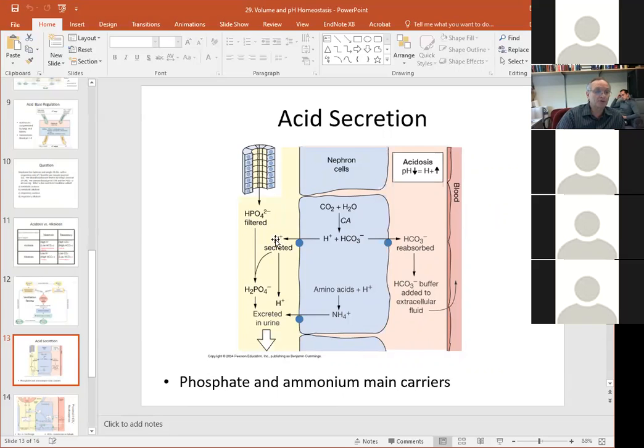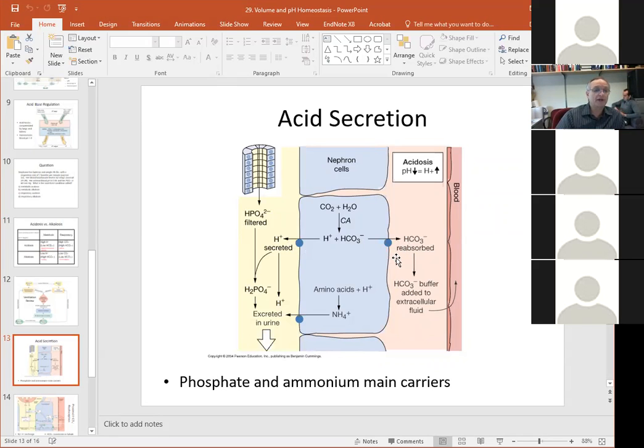HPO4 2- picks up a proton that's secreted at the apical membrane, and generally bicarbonate is reabsorbed at the basolateral membrane through transporters that exchange bicarbonate for chloride.